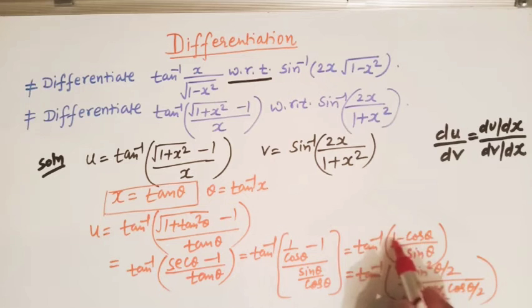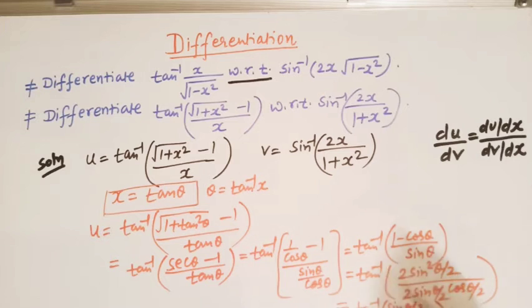Okay, so 1 minus cos theta is 2 sin square theta by 2, and this is from trigonometric identities. So here 2 gets cancelled, 1 sin theta by 2 gets cancelled, so we have tan inverse of sin theta by 2 divided by cos theta by 2, right?